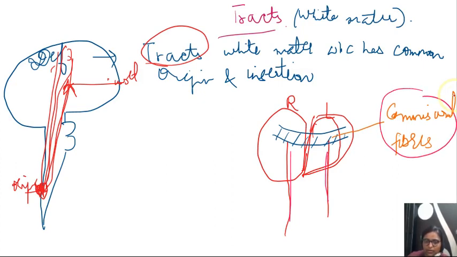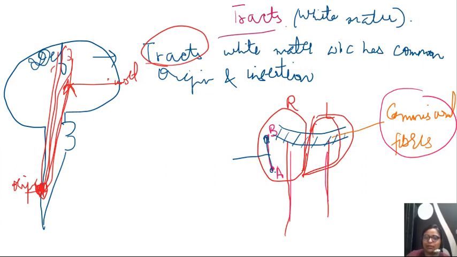Now if I say, what are the fibers called which connect the brain from anterior to posterior? So this is anterior, this is posterior. Fine. What are these fibers called?